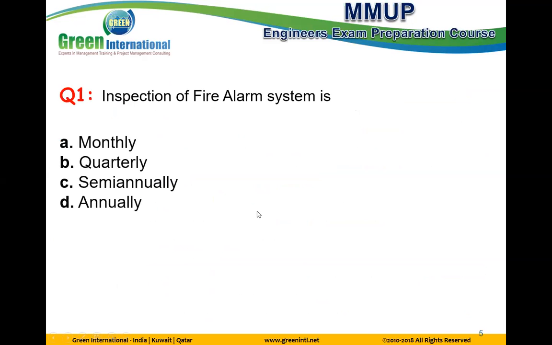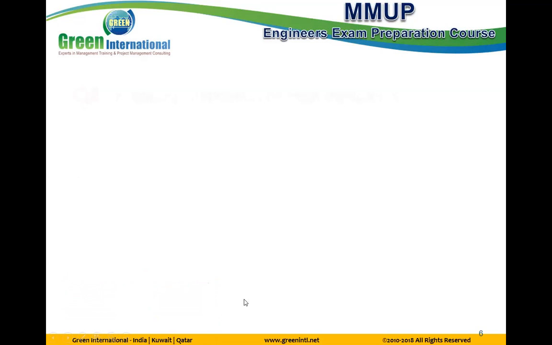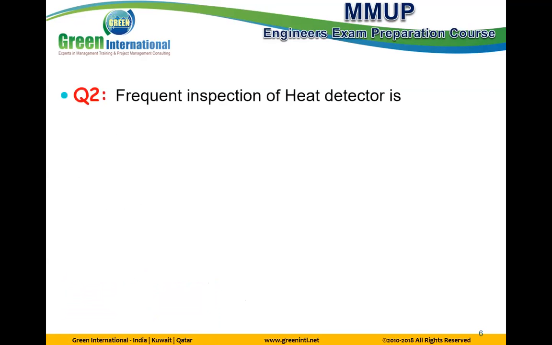Kindly, all of you can open your mic or share by writing. First question. Inspection of the fire alarm system is annually. But how can we understand, boss? This is not for understanding.